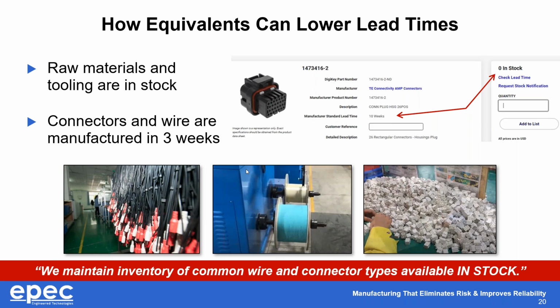These companies like TE, Molex, JST, and Hirose, they make hundreds, if not thousands, of different part numbers that they're expected to keep in stock. We've identified those top 10 or 20% most common part numbers and created our own equivalents that are form, fit, function, drop-in replacements to many of these.